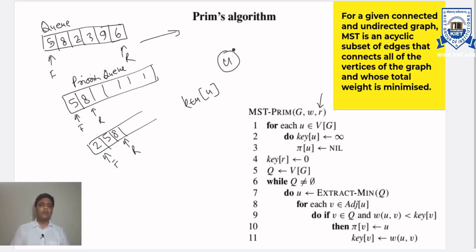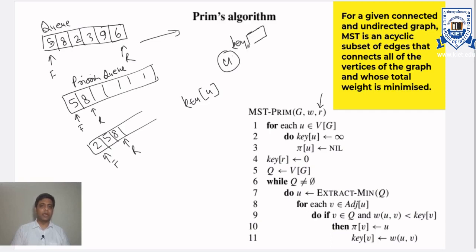This value is a path length: how much you have to pay, or the cost to reach this particular node U from the starting point. That minimum cost is what is associated with the key of U.